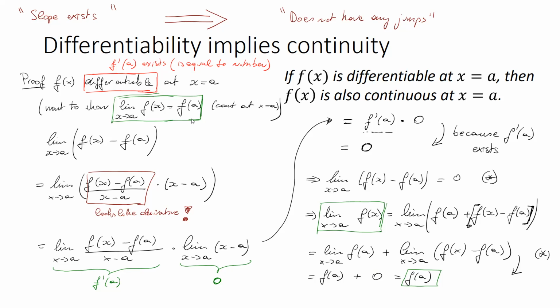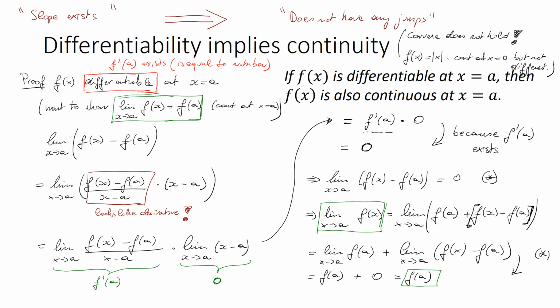Just want to make one quick remark about that. So the converse does not hold. You have to be a bit careful. So the function absolute value of x is continuous at x equals 0, but not differentiable.